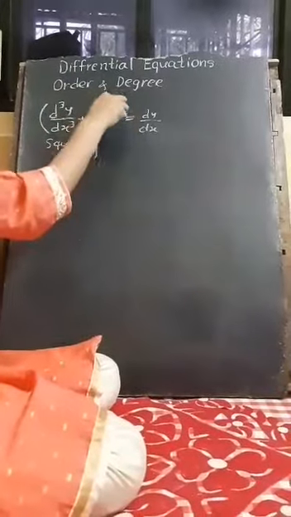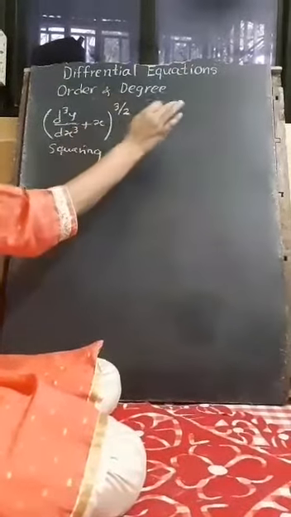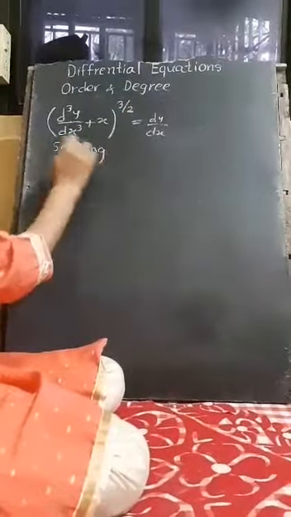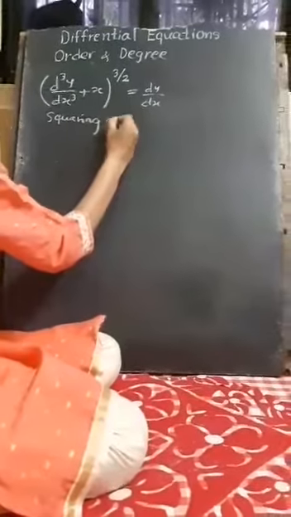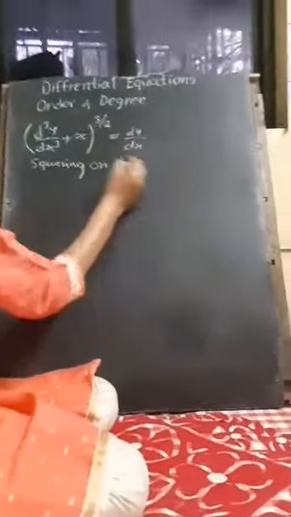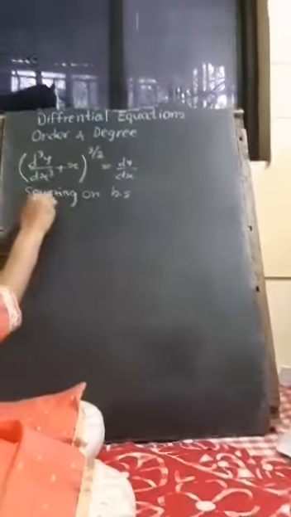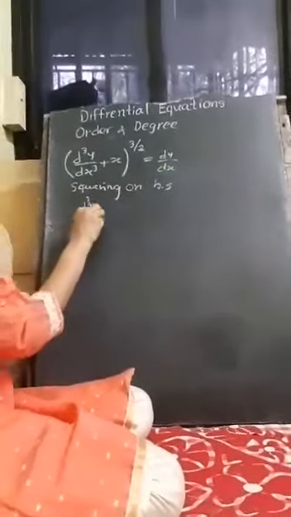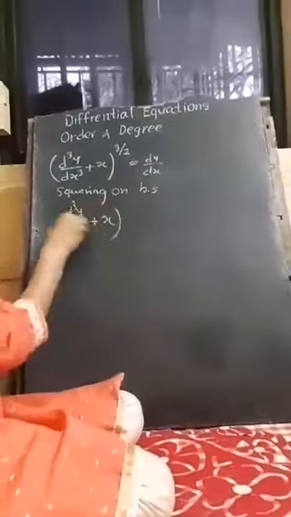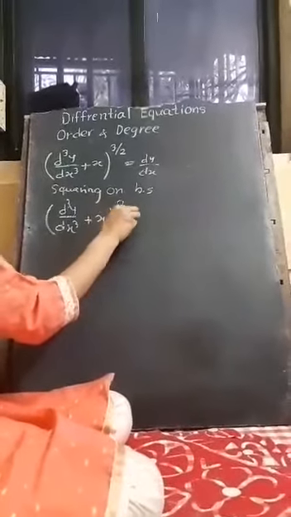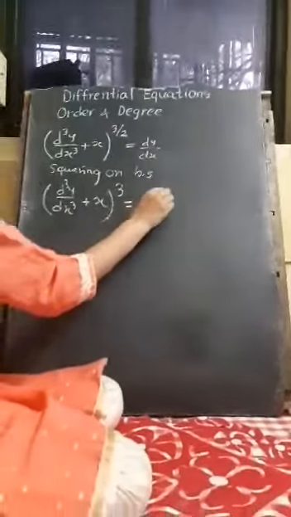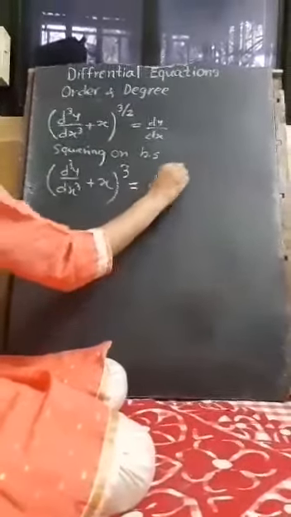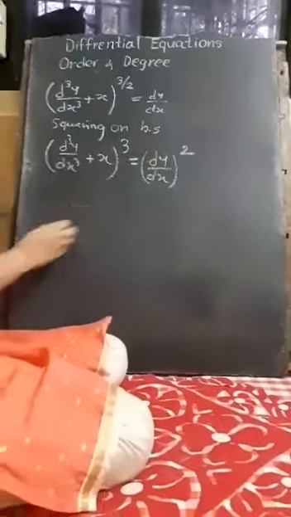So if you have by 3, then we will do cubing on both sides and so on. So I am doing squaring on both sides. What will I get? If I square, I will get d cube y by dx cube plus x raised to 3, that upon 2 will get cancelled out. And this side I will get dy by dx whole square.